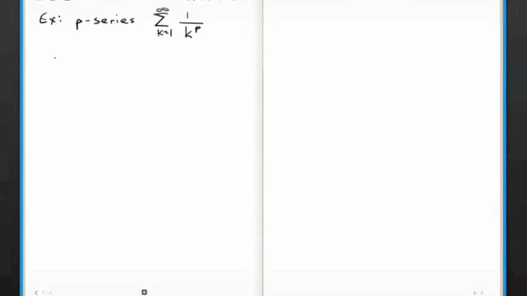And what does that look like? That'll look like 1 over 1 to the p plus 1 over 2 to the p plus 1 over 3 to the p, and that just keeps going on like that. Now, some of you may have some ideas. So it's 1 over 1 squared plus 2 squared plus 3 squared, if p was 2, but let's leave this here. So this will converge.